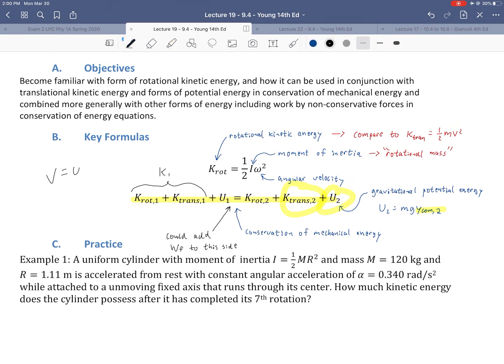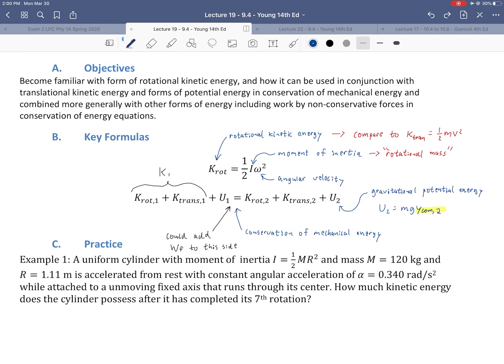I would just have to use v equals omega r and find my v related to the omega that describes the object as a whole. But that's a follow-up step. You can't do it in one sweep. You have to only focus on the center of mass. And then, and only then, once you have your answer, can you move on to talk about other points on your object. The key word there being object. Okay, my rant is done.